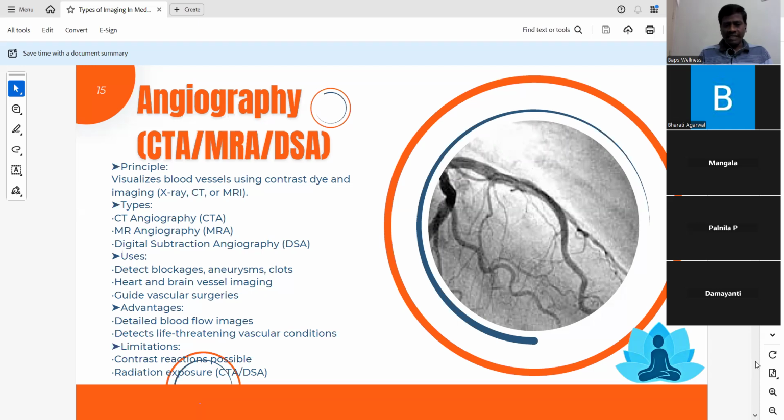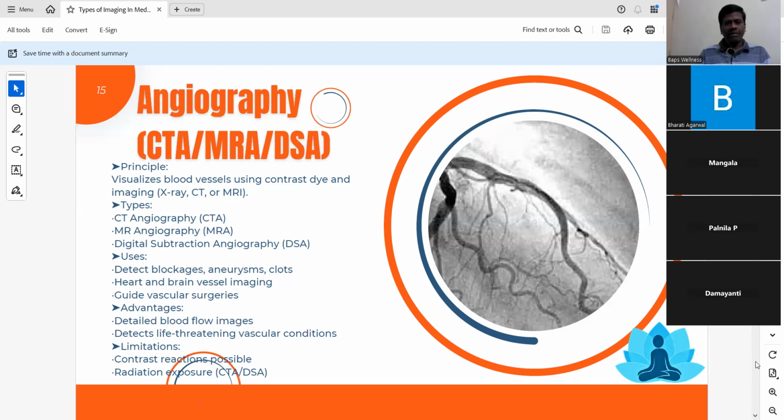Heart and brain vessel imaging is commonly studied using angiography, and also to do any guided vascular surgeries. So this is mainly related to the vasculature, that is blood vessels.